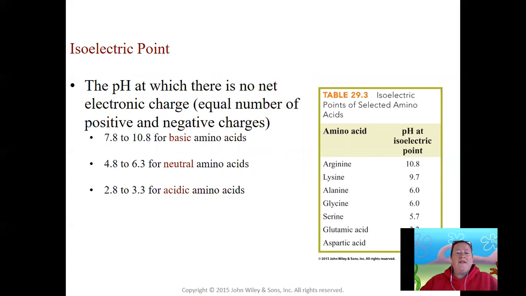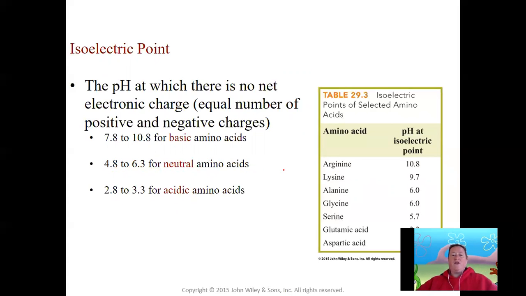So for basic amino acids, that isoelectric point ranges from 7.8 to 10.8 on the pH scale, and at that point, at whatever that pH is for that specific amino acid, the net electronic charge will be neutral. So for neutral, that isoelectric point ranges from 4.8 to 6.3 on the pH scale, and for acidic, it is lower, between 2.8 and 3.3.